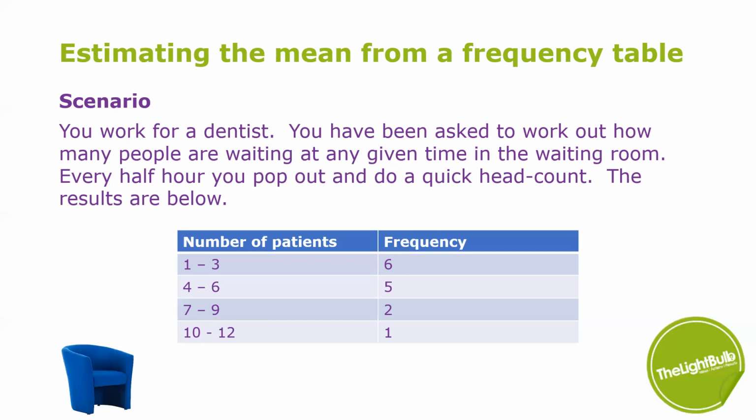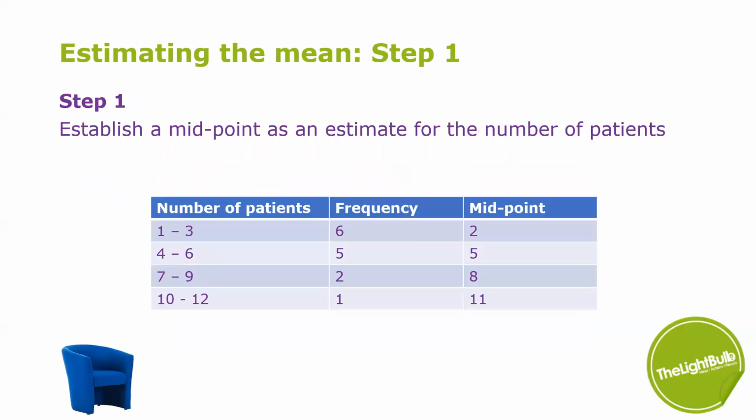At this stage, what we need to do is look at that 1 to 3 and go, okay, my best estimate for 1 to 3 is going to be slap bang in the middle, which is 2. And that's what I'm going to use as my estimate for the amount of people in the waiting room at that point. So effectively, I'm looking for the middle point of the band of numbers in every row.